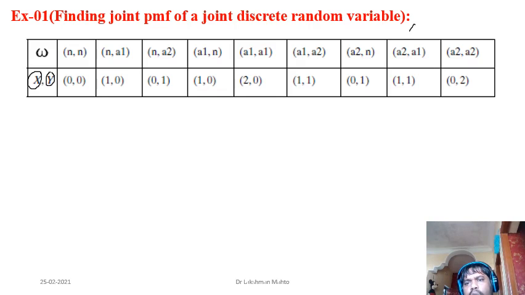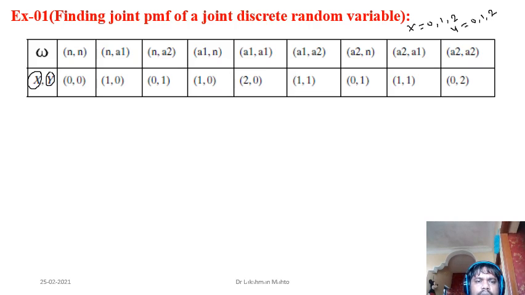What are the possible values of x? Either x will take 0, or x will take 1, or x will take 2. Similarly, y will take either 0, 1, or 2. So this is the scenario.